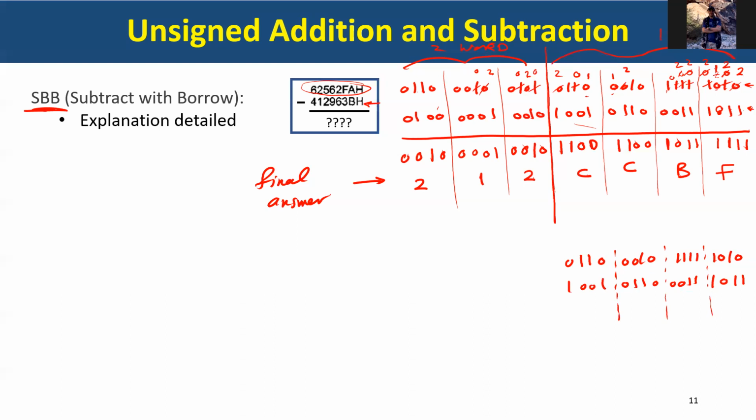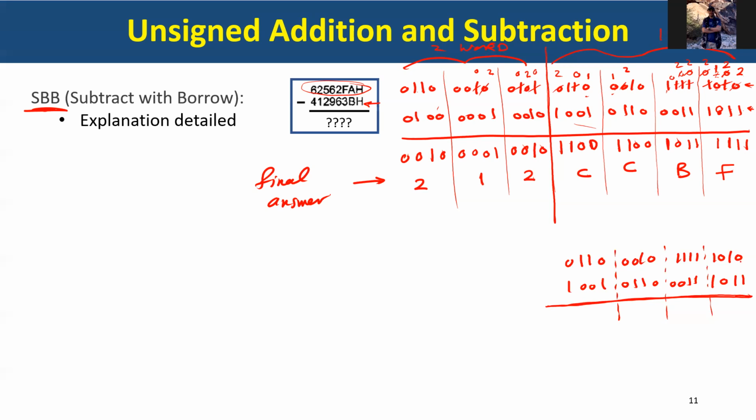You are free with a paper and a pen to do it as direct subtraction, or to take the 2's complement and then make addition and invert the carry, whatever you like. Both operations will give you the same answer. I'm gonna do the direct subtraction.